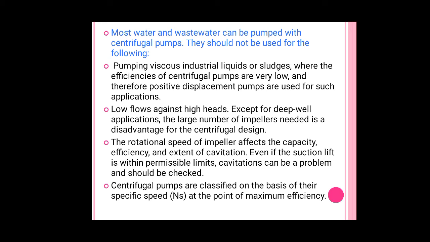Next, most water and wastewater can be pumped with centrifugal pumps. They should not be used for the following, meaning these pumps are not used for some conditions. The first one is pumping viscous industrial liquids or sludges, where the efficiency of the centrifugal pump is very low and therefore positive displacement pumps are used for such applications.